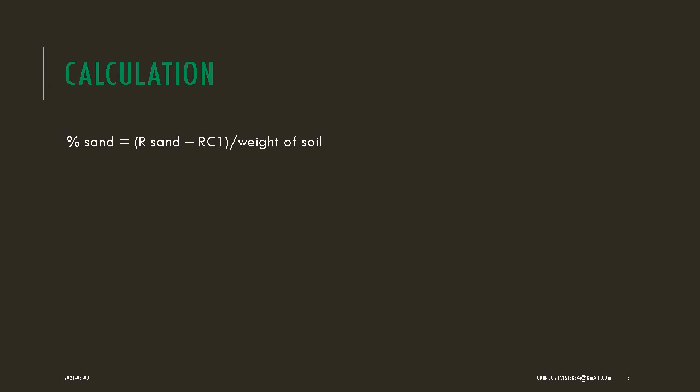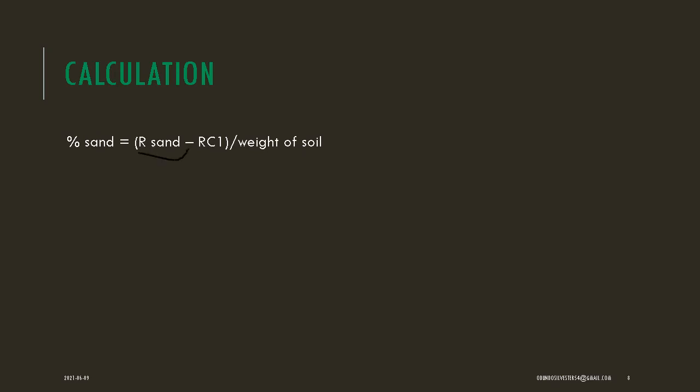Now, remember, our volume is 1 liter and our density is the reading that you have gotten for our sand. So that means our mass, if you calculate using the density equals mass over volume formula, then you find the reading of the hydrometer is exactly equal to the mass of that particular soil. So in this case, we have R sand.